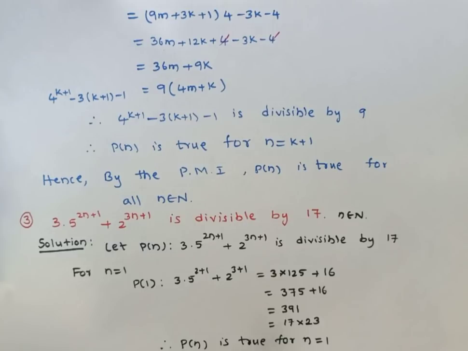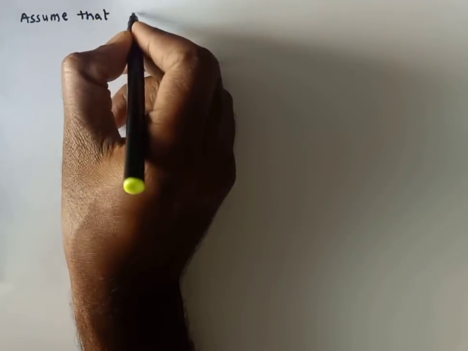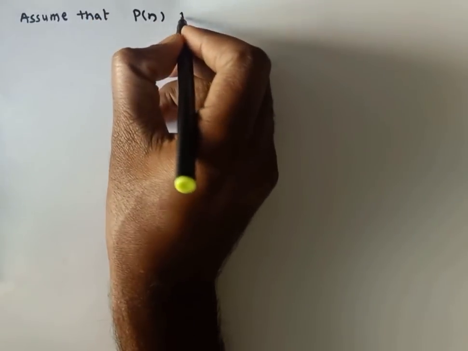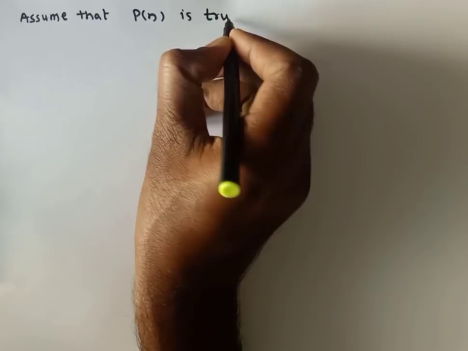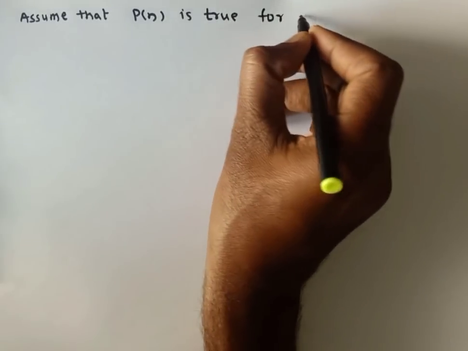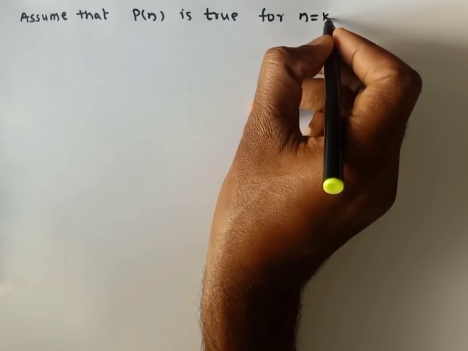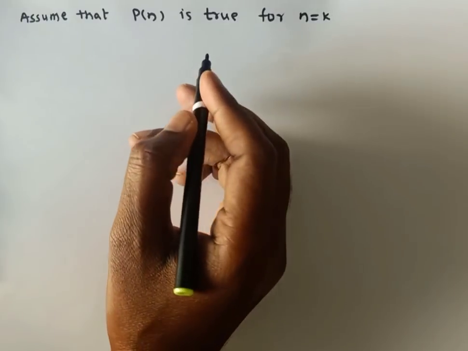Next thing is the assumption. Assume that P(n) is true for n equals k, where k is greater than or equal to 1.